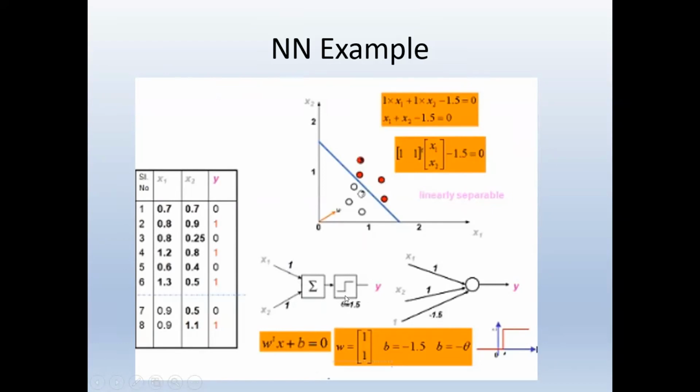Bias is also another kind of threshold. In this diagram, it is indicated as a threshold; here I indicated it as a weight with an input of 1. You might already know this. Bias is another kind of threshold. So this is very easy.